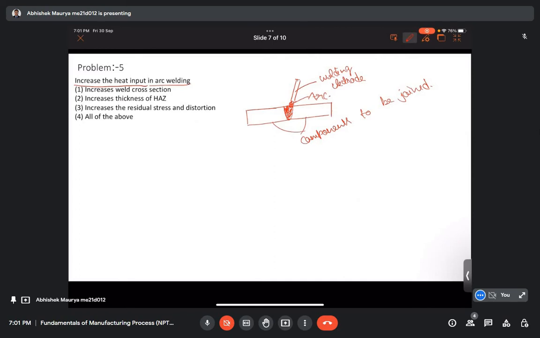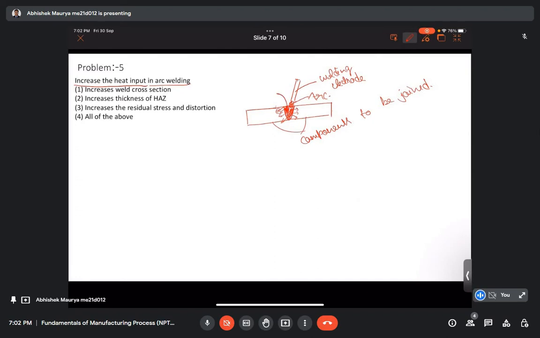And if we keep on increasing the heat input, what will happen? When we keep on supplying the heat to this welding zone, near the welding zone heat will get transferred to the other parts of the component, and because of this transfer of heat, the properties change.